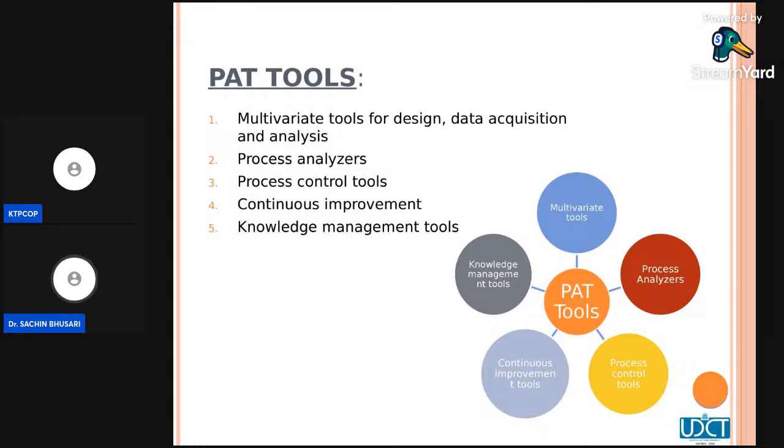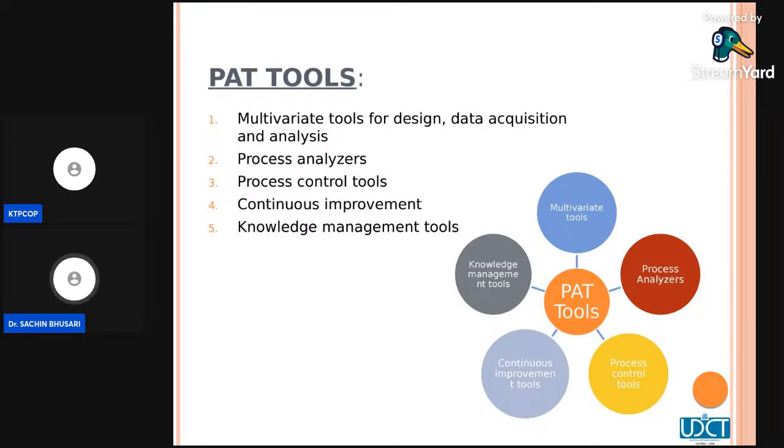If you dig out the data, you will find that in some databases, continuous improvement and knowledge management tools are merged together. There are reasons for that. The input from continuous improvement goes into the knowledge management system. But for understanding, I purposely segregated this into continuous improvement and knowledge management tools.